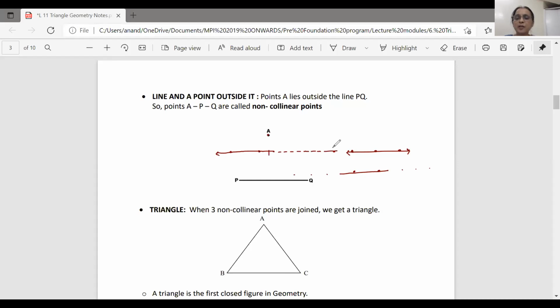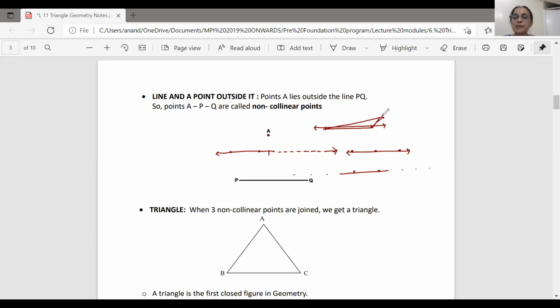Then also I will not be able to draw a triangle. But if the third point is slightly outside this line, somewhere here, yes, I can take these 2 points and I can draw a triangle using these 3 points.